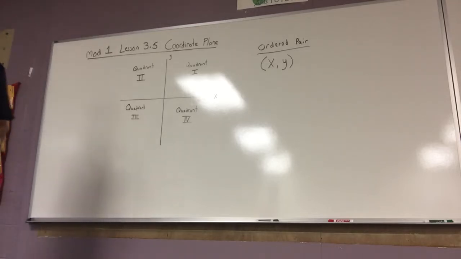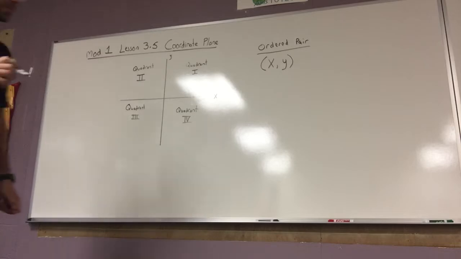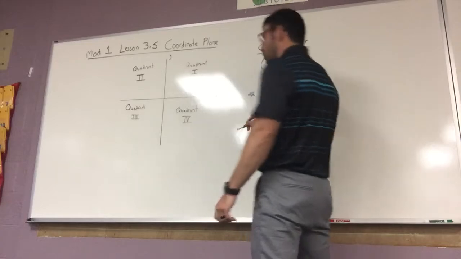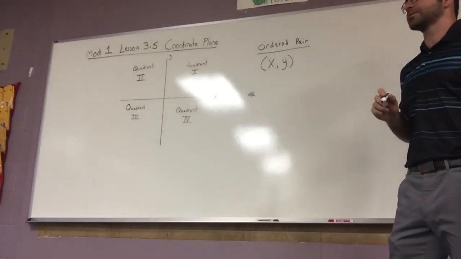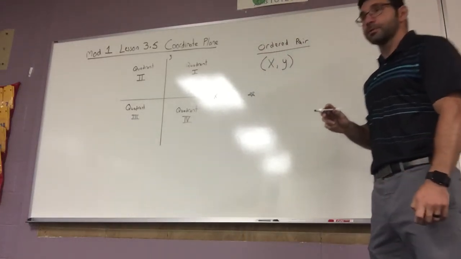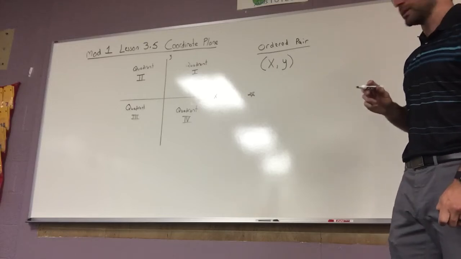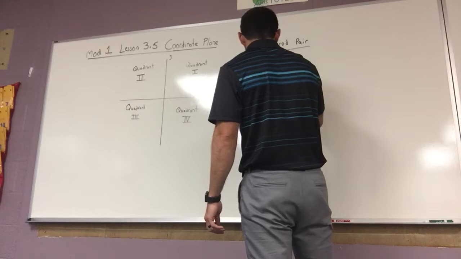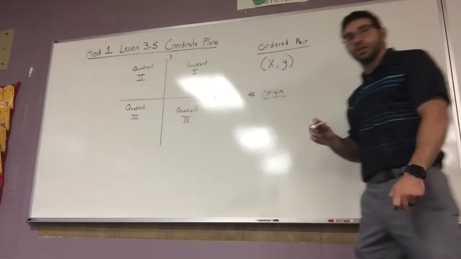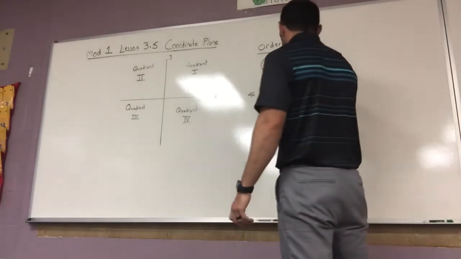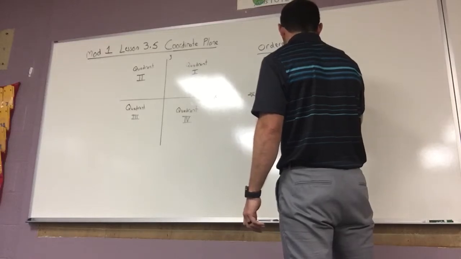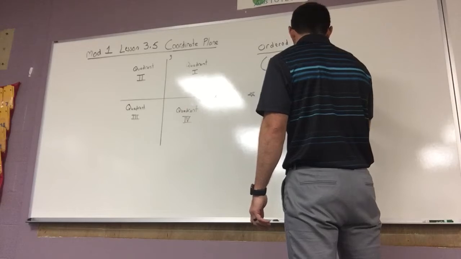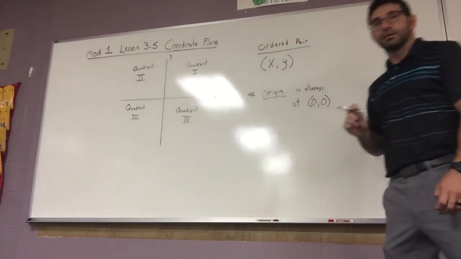Okay, so we've got all of these. Another thing that we need to know, we're going to get to ordered pairs, but there is one special ordered pair that we have to know. This is going to help us for tomorrow, and it's going to help us for our proportional relationships. It is the origin. The origin is always at the ordered pair 0, 0.